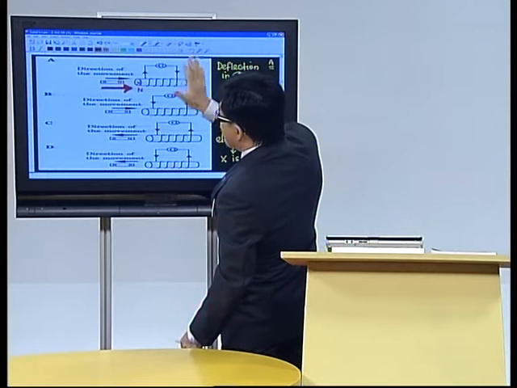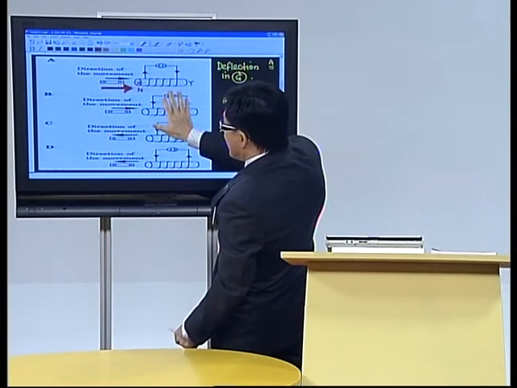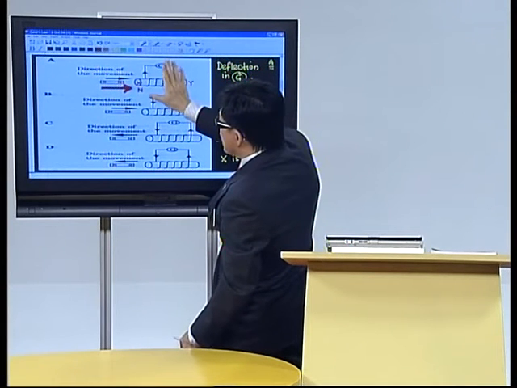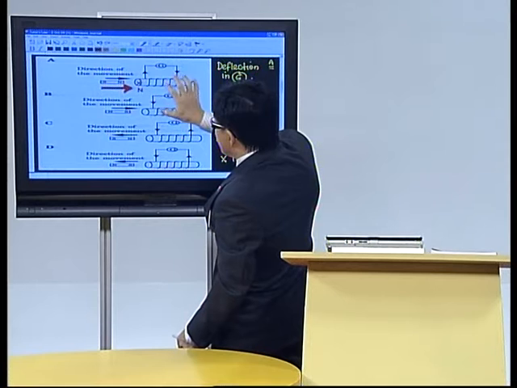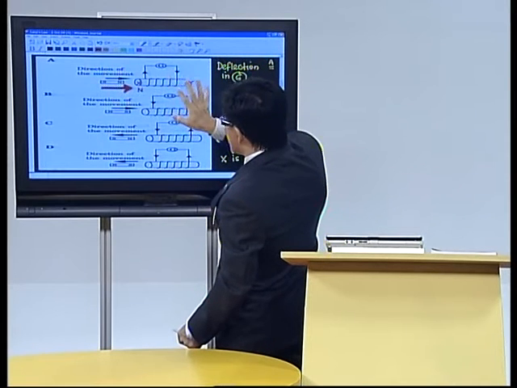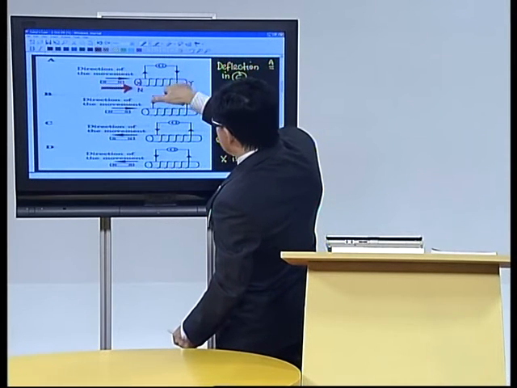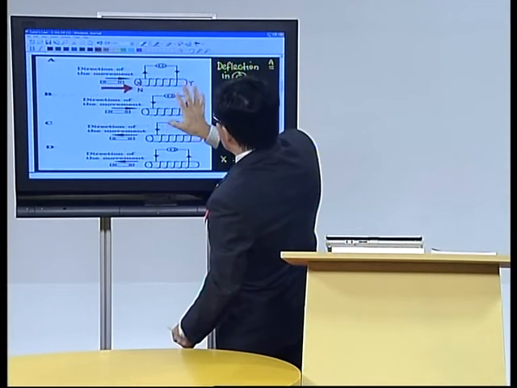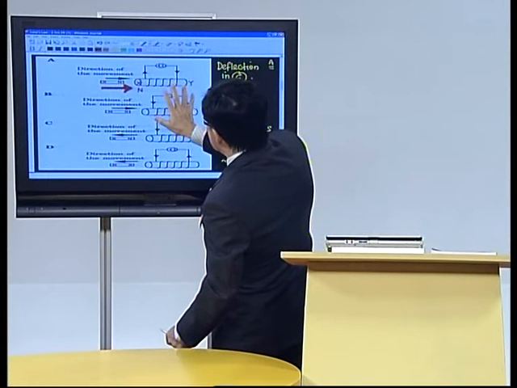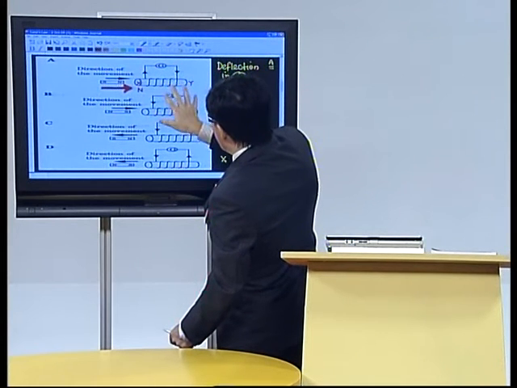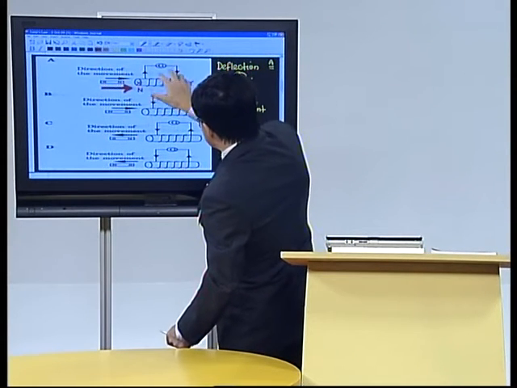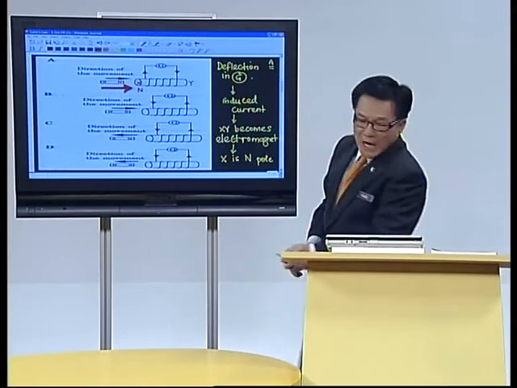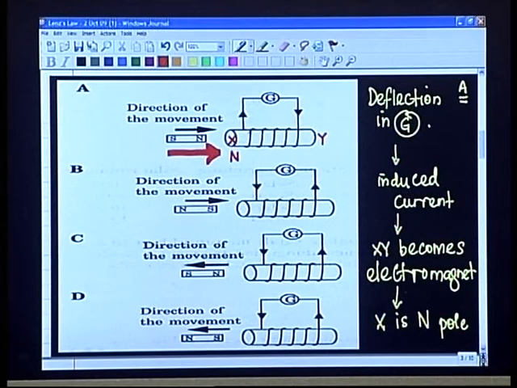My right hand, I must use my right hand. The thumb points to the north and then it grips this way. My fingers grip this way, it goes in. So the current actually goes in. Do you see the point? It goes in. So I'm going to write it down. So it should go in.